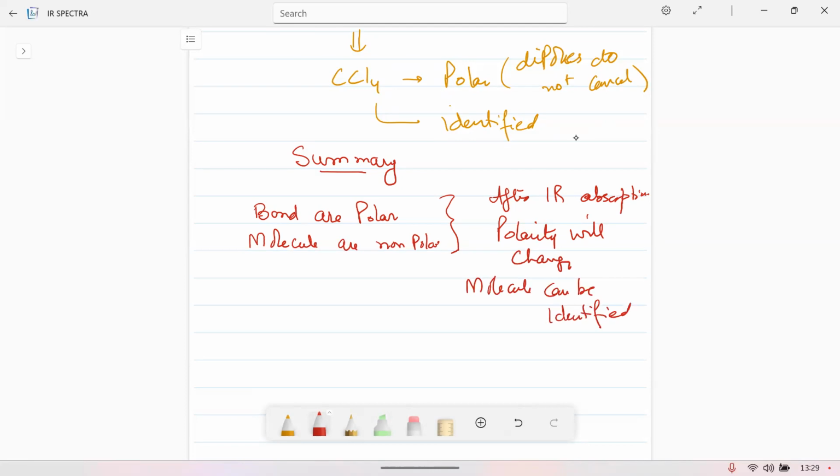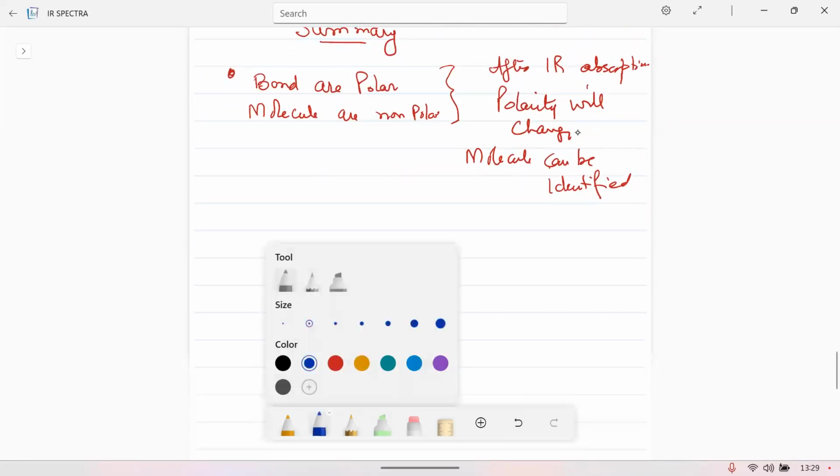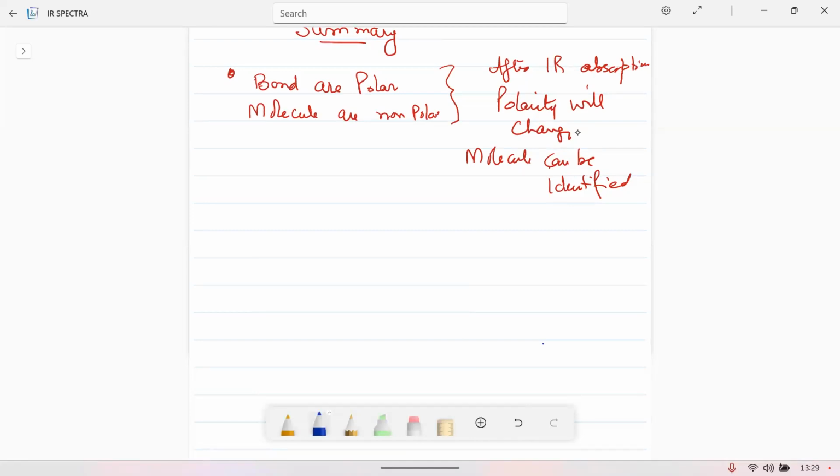That is one case. The second possibility is that the bonds are non-polar. So the molecule has to be non-polar as well. It cannot be polar if all the bonds are non-polar.